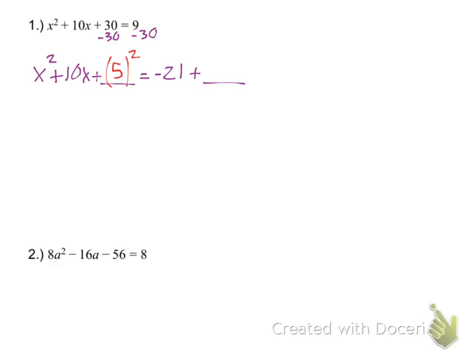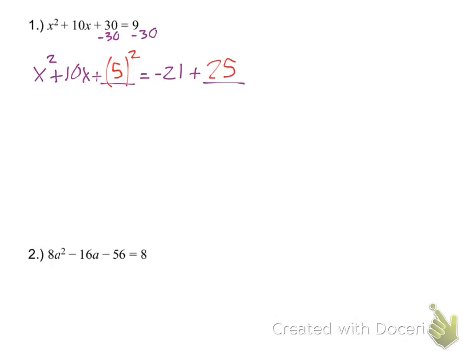Again, just like last time, I purposely wrote it as 5 squared or half of b squared because one of the next steps says I need to factor that thing. And 5 happens to be the answer inside that parentheses, remember? Now, when I move to the other side, I actually am going to square it. And 5 squared is 25.